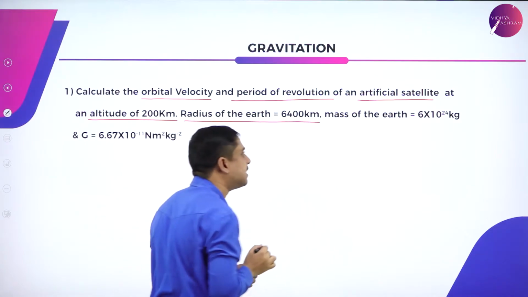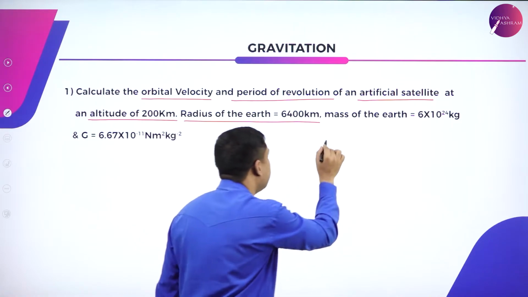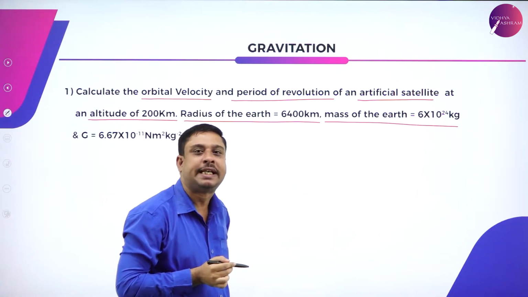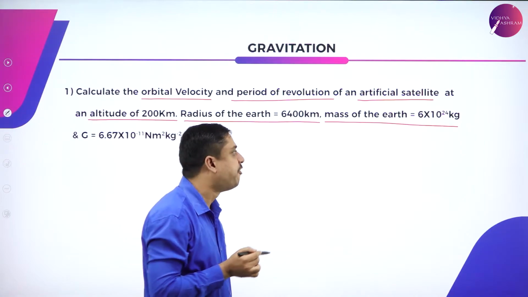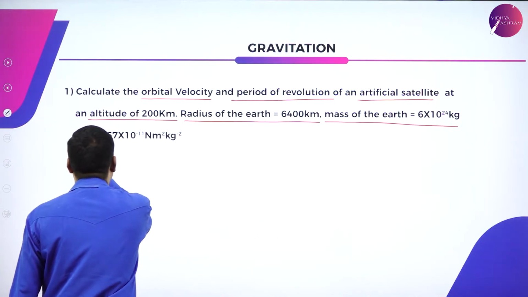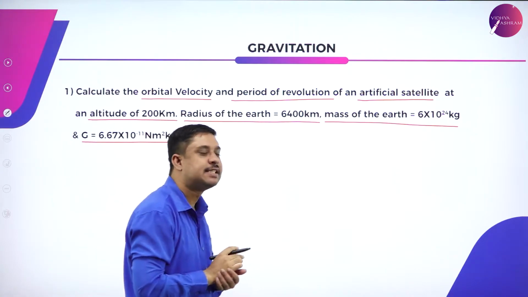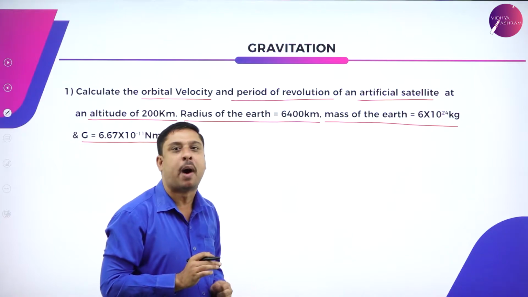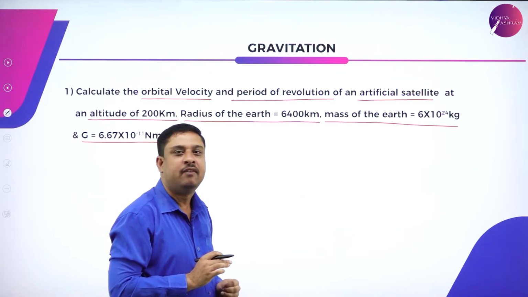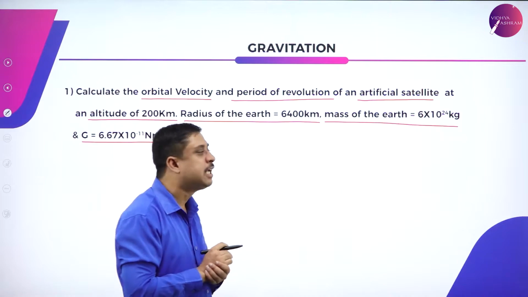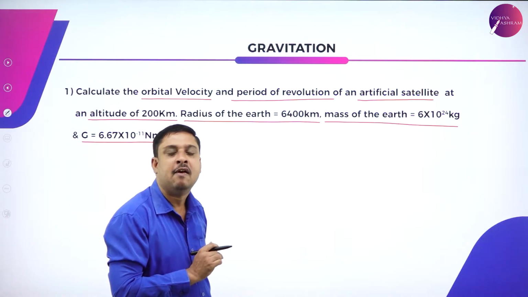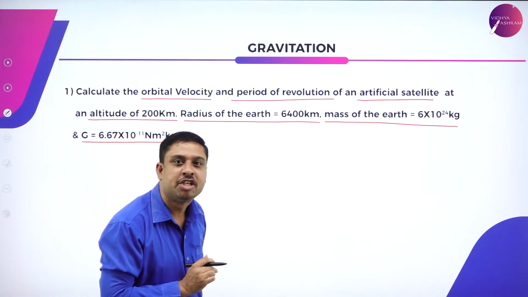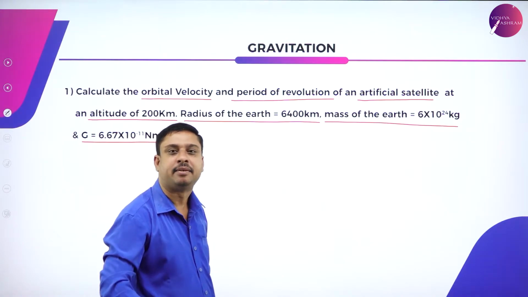Radius of the earth is given. Mass of the earth is 6 into 10 power 24 kg. Gravitational constant is given. With this data provided, I will have to calculate the orbital velocity of the artificial satellite.